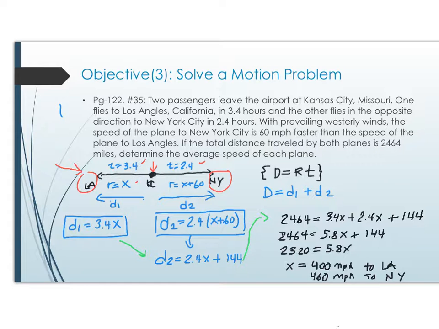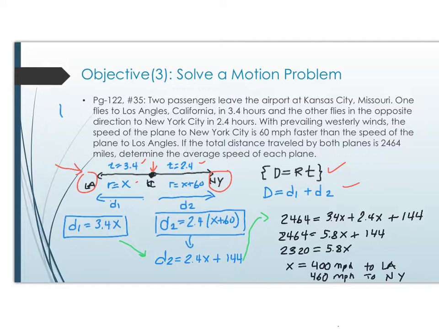You'll notice my strategy is the distance is equal to rate times time. So I have a distance going to LA, which I call D1, and a distance going to New York, D2. And I notice that D1 and D2 have got to equal the total distance of 2,464 miles.